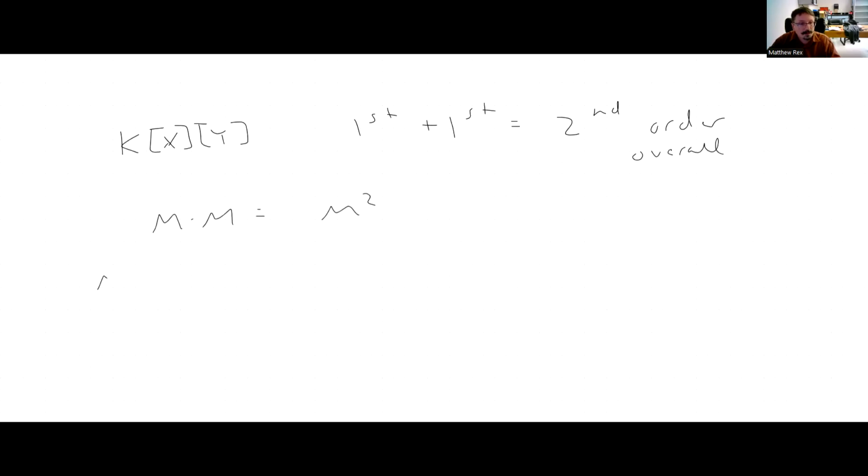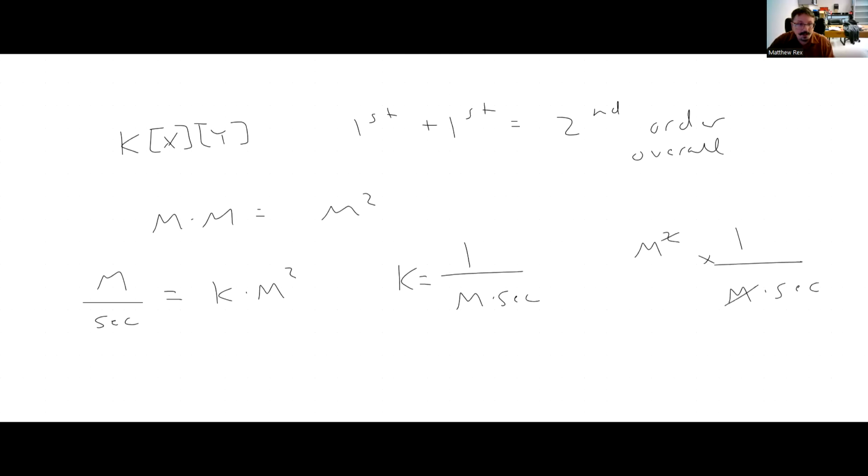So if I want to get to molarities per second as my overall rate, then whatever k is, if this is molarity squared, we can see k is going to have to be 1 over molarities per second, because when I take that times this, that's going to cancel one of these, and we'll end with our molarities per second. So that should be answer B.